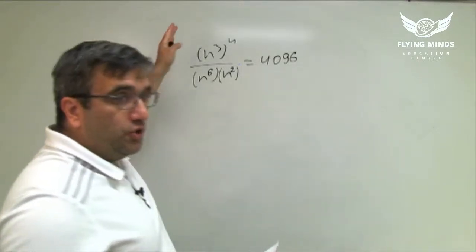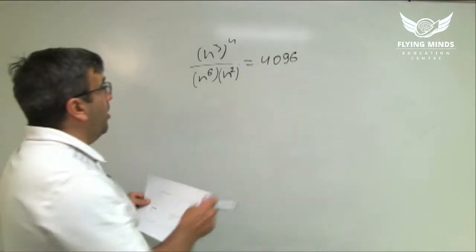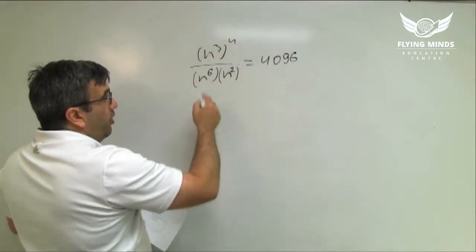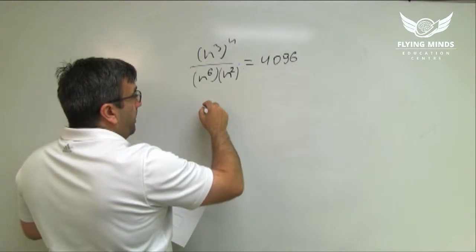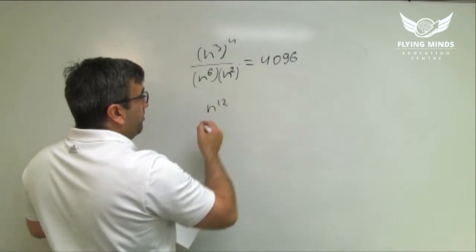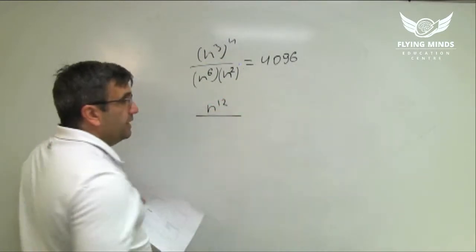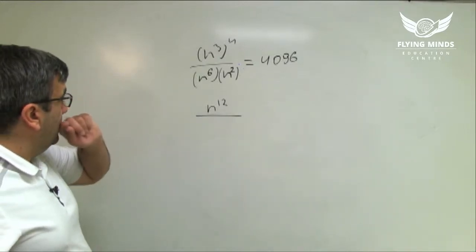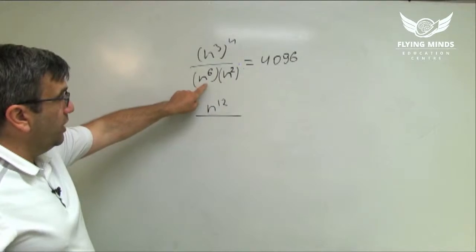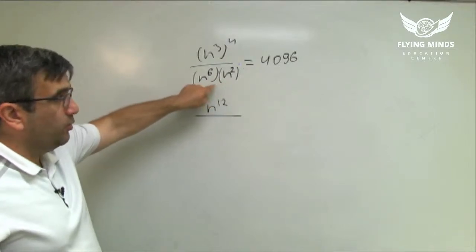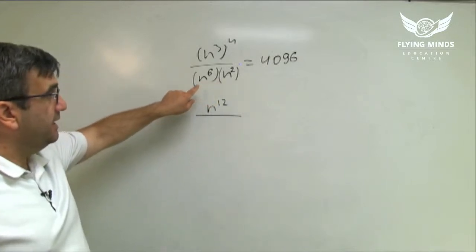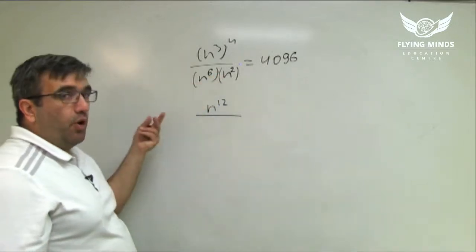Okay, so here we need to know power rules. So exponent into exponent, right? So we need to multiply exponents in this case, right? What do we do when we multiply two numbers with the same base, n and n, with different exponents?